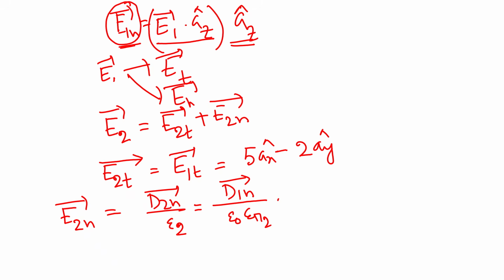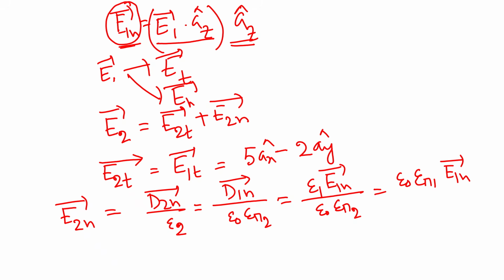Then this D1n can be written as epsilon 1 into E1n vector, where epsilon 1 is epsilon naught into epsilon r1, so epsilon naught epsilon r1 E1n vector whole divided by epsilon naught into epsilon r2. So this epsilon naught will get cancelled out, and what is left is epsilon r1 E1n vector divided by epsilon r2.